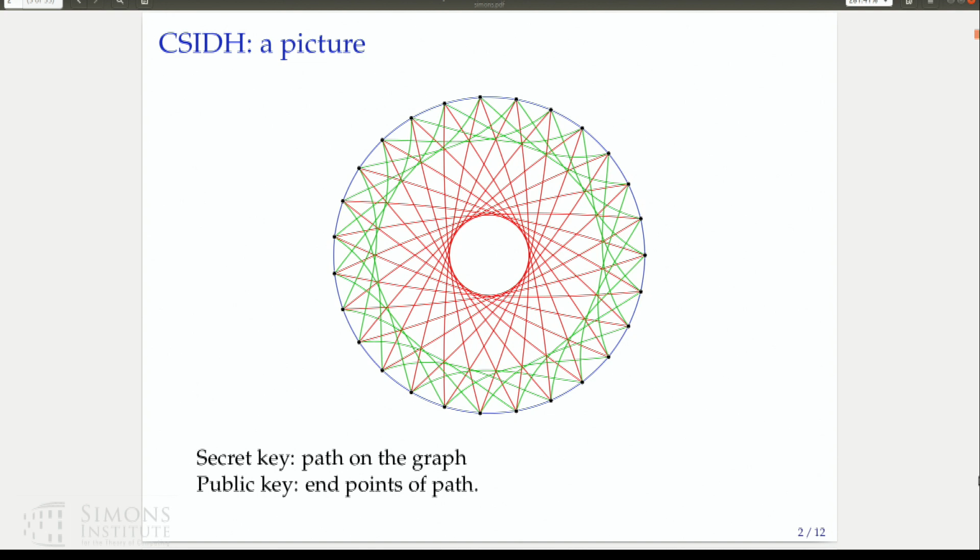So you think of your public key as going to be this elliptic curve, which is going to be an endpoint, and your secret key is going to be an isogeny, which is a path. Okay, and so David talked about Kuperberg's algorithm to attack this problem, and so what is that looking at? That's looking at solving the hidden shift problem, and the shift is then the shift within the graph, right? So the hidden shift is the hidden path.